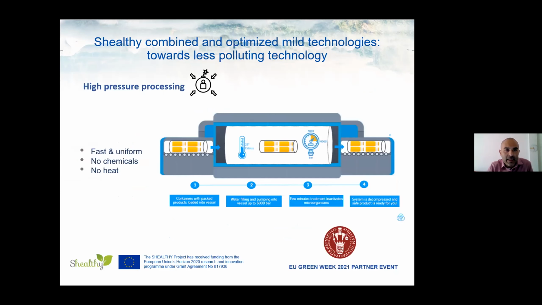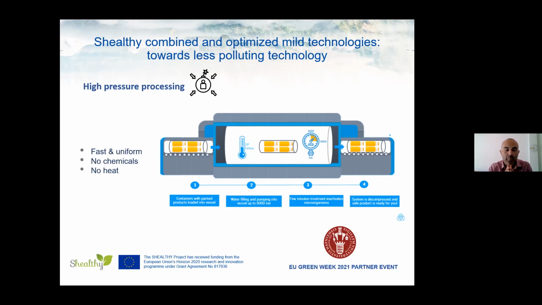And last but not least, we have high pressure processing. This technique is very well known and very well applied around the world because it's fast, it's uniform, it doesn't use chemicals, and it doesn't need or deliver extra heat to the product.